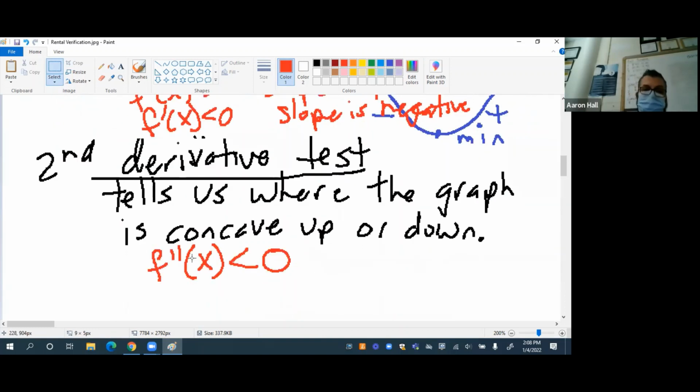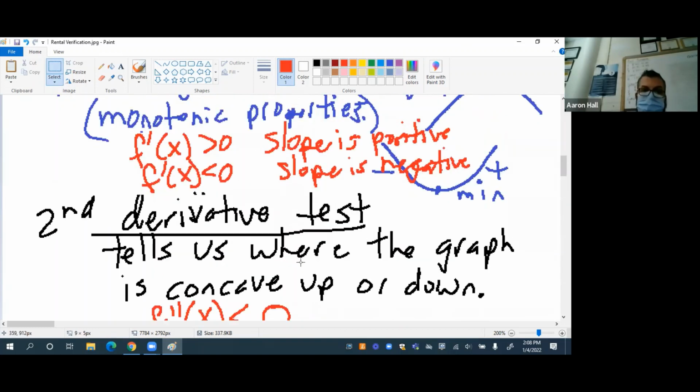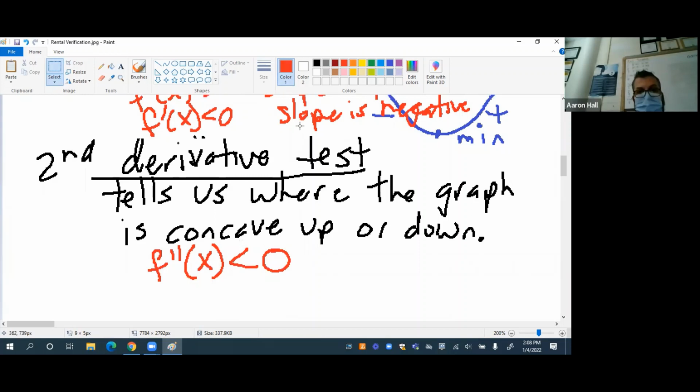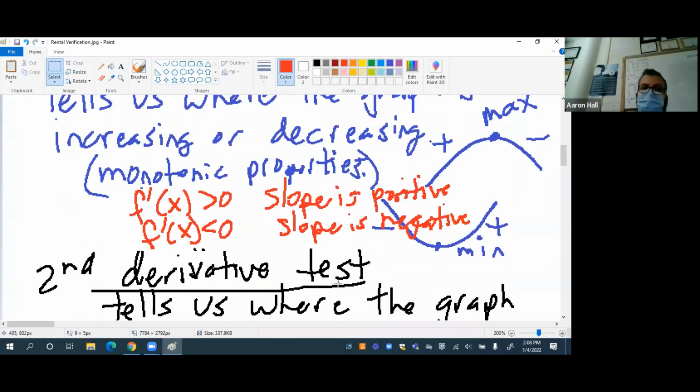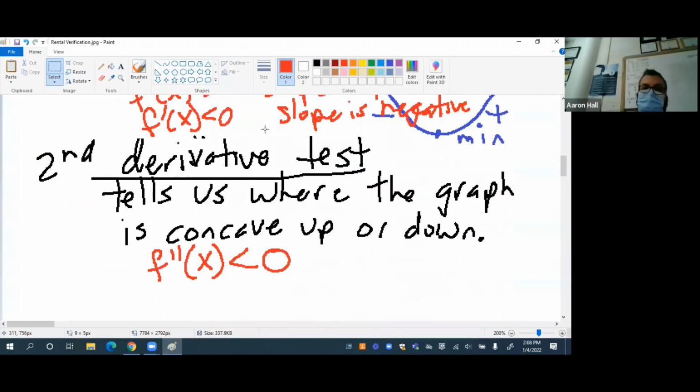If our second derivative is less than zero, what does that mean? It's concave down. That's what we found up here. Our second derivative is negative, so it's concave down. The whole point of our second derivative test is to identify the concavity of the graph.